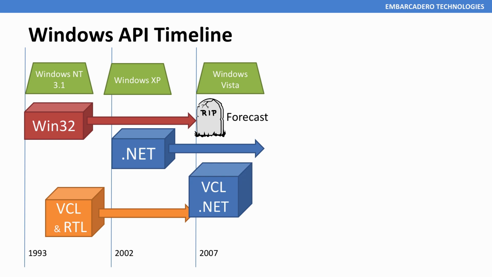It's about this time that we saw the release of VCL for .NET, because the VCL for .NET was built on .NET so that users could take advantage of that .NET interaction and have first-class applications on Windows Vista going forward. Now, this is what Microsoft's forecast was, the end of life of Win32. The reality was Win32 continued on strong. In fact, .NET was found to not be a great solution on the desktop, but was instead really embraced on web development server side.